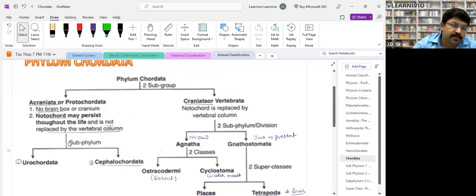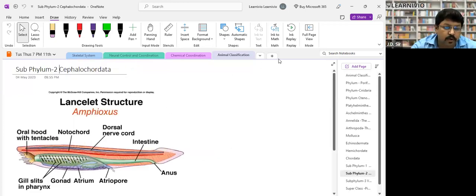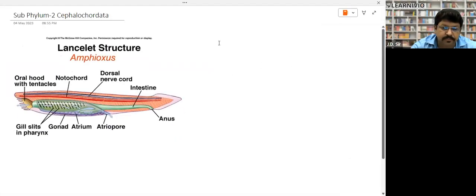Here we divided Acraniata into two subphylum, Urochordata and Cephalochordata. They are very important for medical exams; the number of times the question has been asked in medical. The name of this fish-like organism is Amphioxus, right?